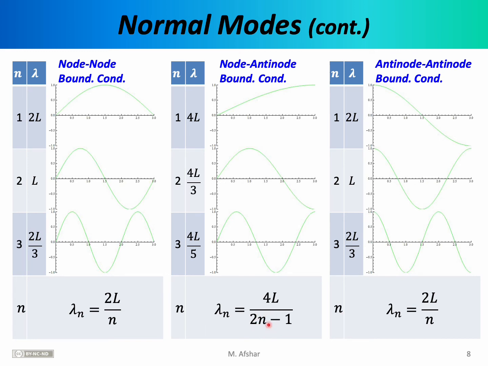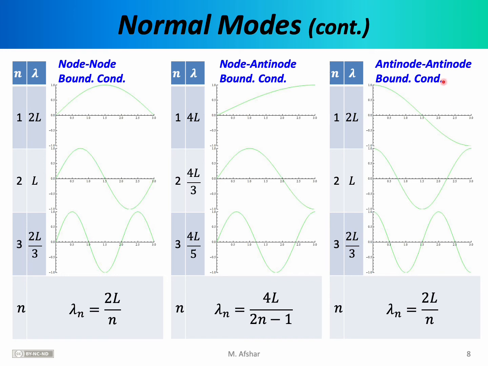When you multiply the integers by 2, you get the even integers, and then when you subtract 1, you get the odd integers. So when you have a musical instrument that is fixed on one end and free on the other end, the possible wavelengths are given by this formula. Take 4 times the length of the musical instrument and divide it by an odd number. If you want to know what the 5th mode of that musical instrument is, you would take 4L and divide it by 9. So 2 times 5 minus 1.